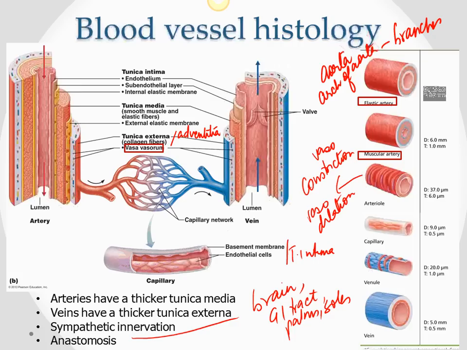You have arteriolar anastomosis. Even, for example, coronary circulation, right on the surface, there is a bit of anastomosis that goes on. Venous anastomosis is more common. Veins tend to, they don't have a very definite pattern, so they tend to anastomose a little bit more freely than arteries. But what anastomosis just means is where they meet, and so blood can flow in from one to the other. So it helps, because if one is blocked, you can kind of reroute the blood supply.